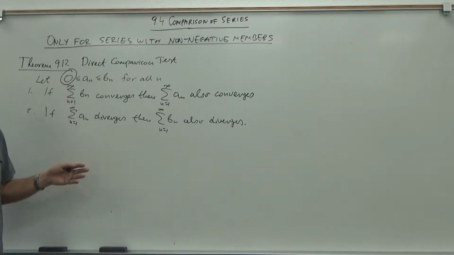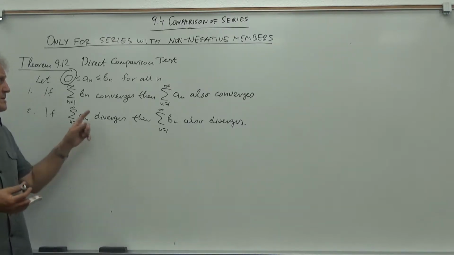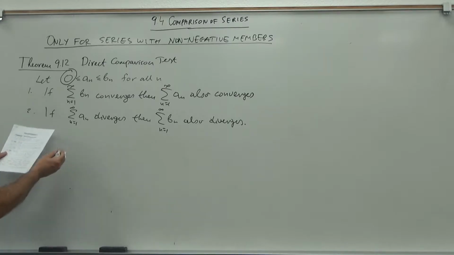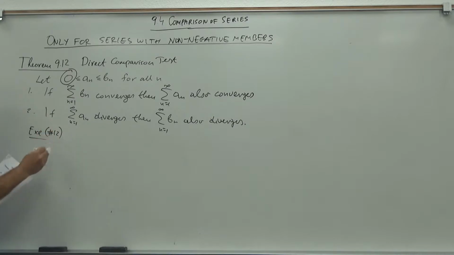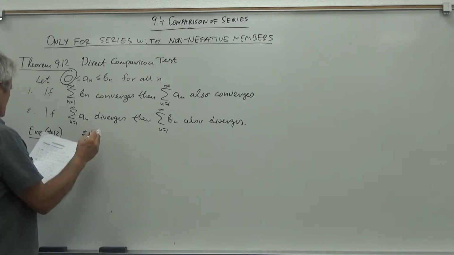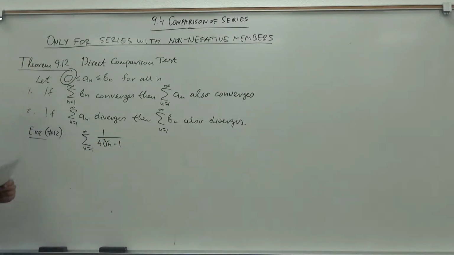We'll see a very similar test, which is the limit comparison test. Limit comparison test is slightly less intuitive, but easier to apply, because for direct comparison, you have to be fairly skillful with inequalities, and that's not always so simple. So here is example number 12. Sum, n goes 1 to infinity, of 1 over 4 cube root of n minus 1.